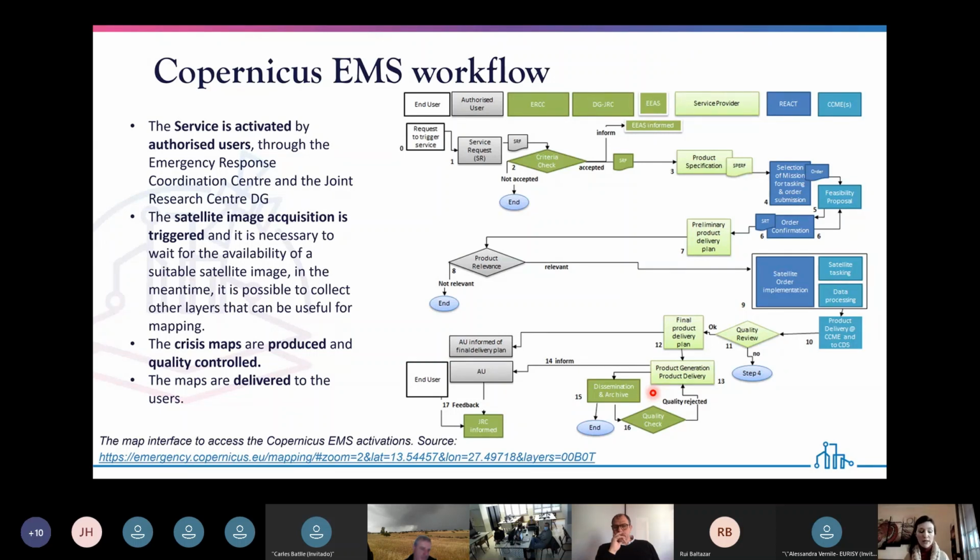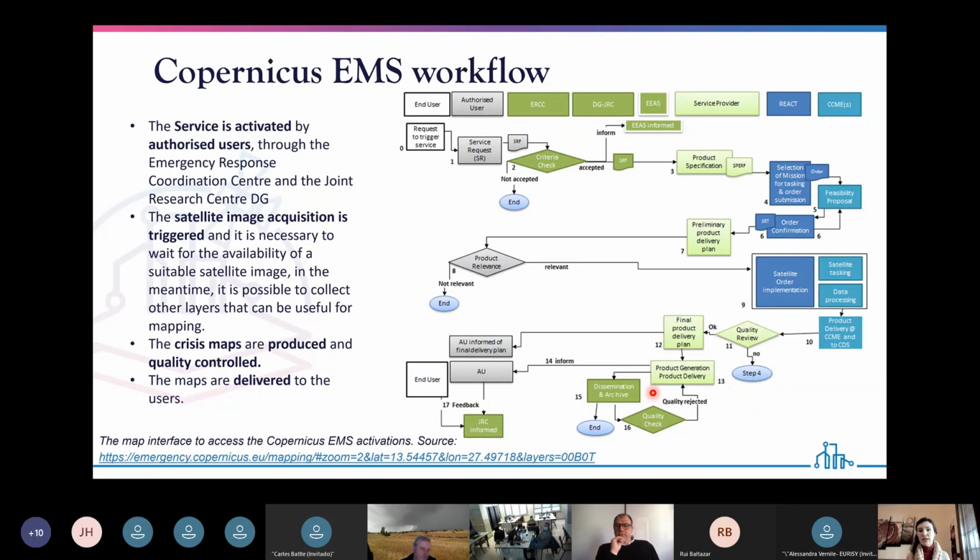The first one is the satellite image acquisition, because you have learned now that we have satellites observing the Earth and that we have different types of satellites observing the Earth with different types of information that can be provided.